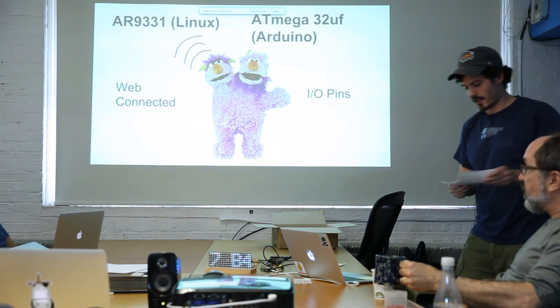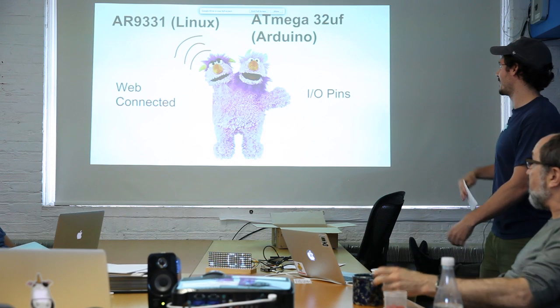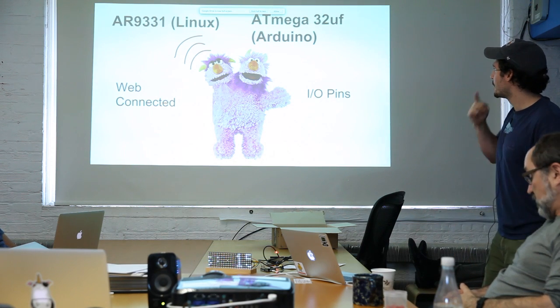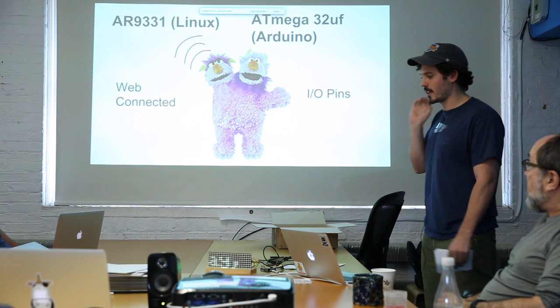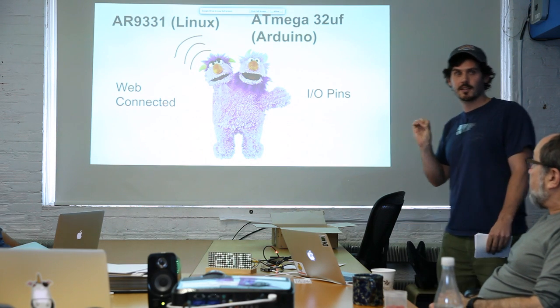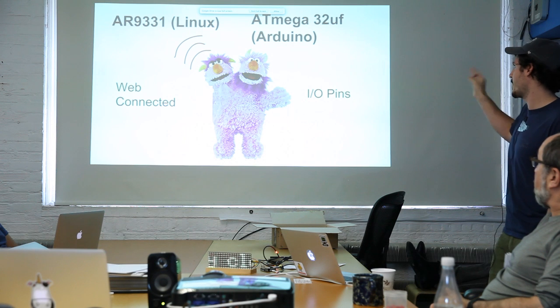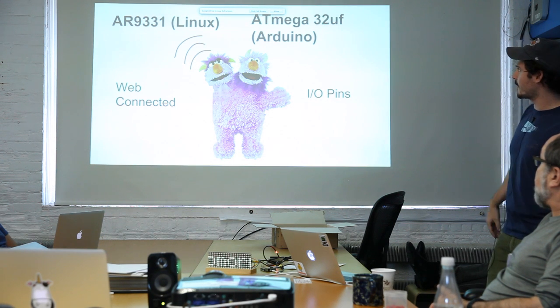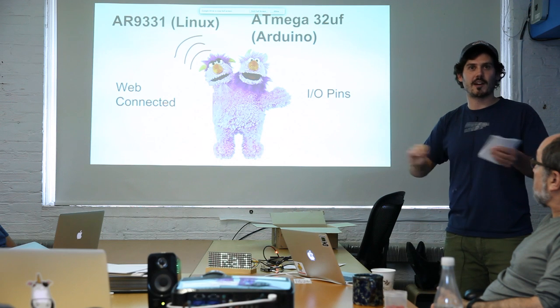Okay, to get a little bit further along this metaphor, the Linux is web connected, but it doesn't have any I/O pins, whereas the Arduino, the Atmega, does have I/O pins. So the Arduino side can do things outside of itself.